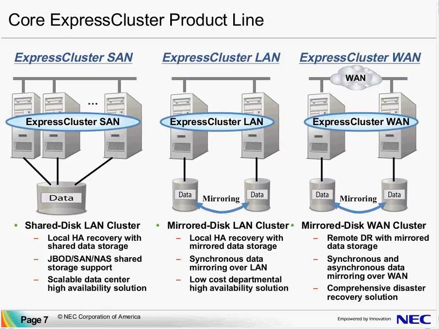So ExpressCluster LAN provides synchronous data mirroring of internal stored disk storage, so there's no SAN array required for ExpressCluster LAN. And it also provides the ability to monitor and recover applications and data quickly. So this is a very low-cost solution for critical applications typically found in branch office or remote office settings.